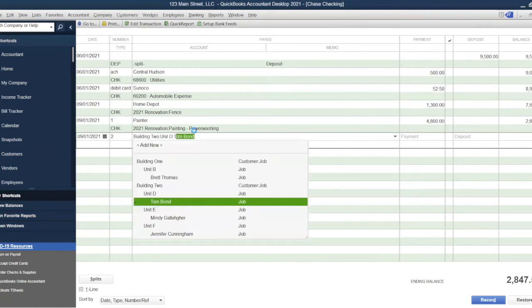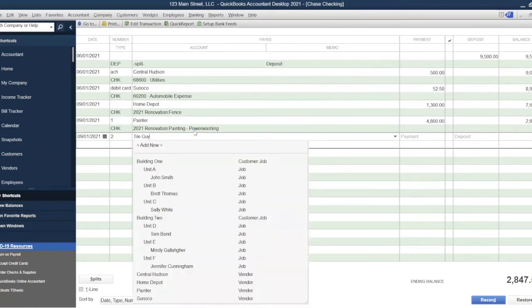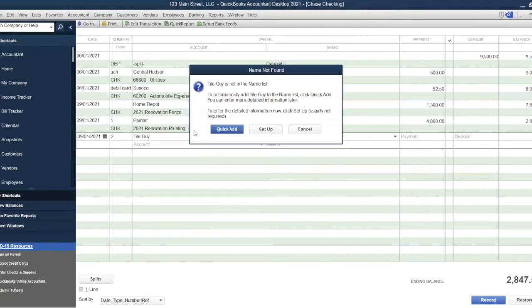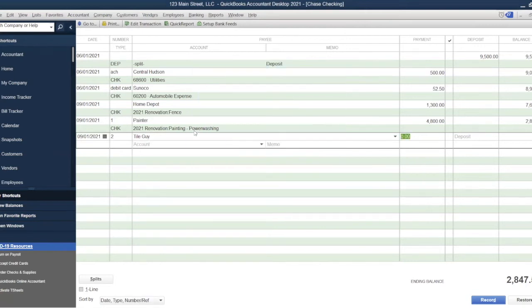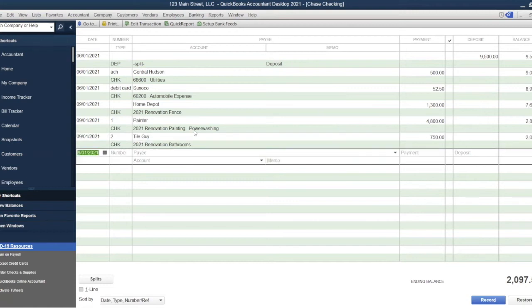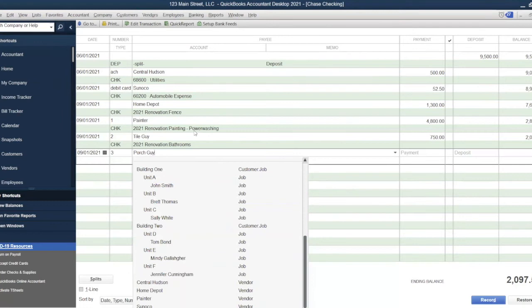Then you can have your tile guy. This is what I would do for bathrooms. Don't make it too broad. You're the one that's spending this money, so you have a decent idea who you're using. Not using real names. Porch guy.